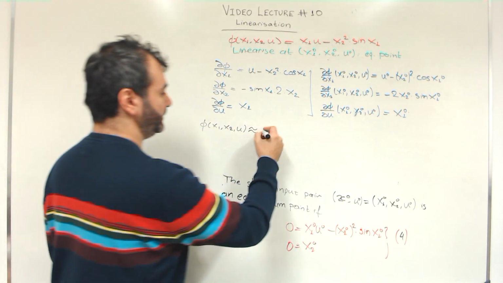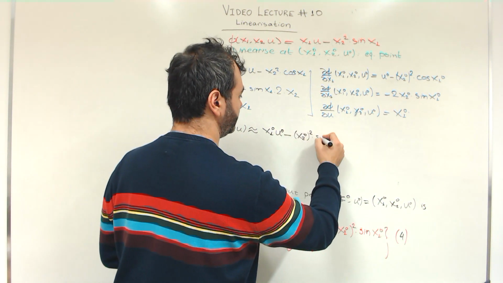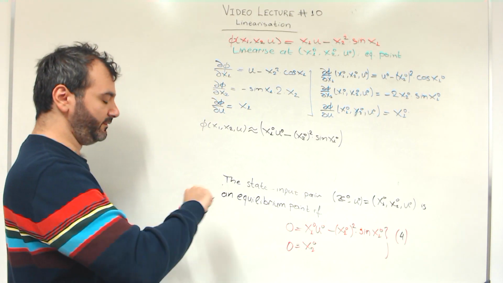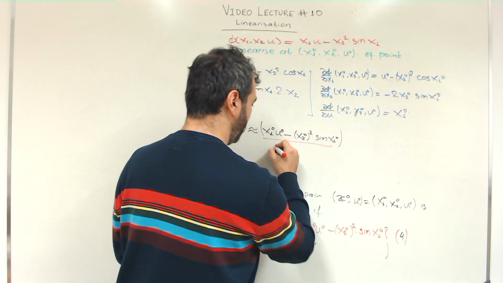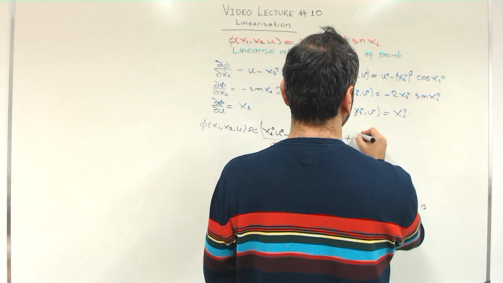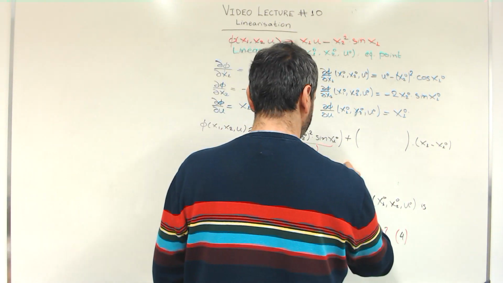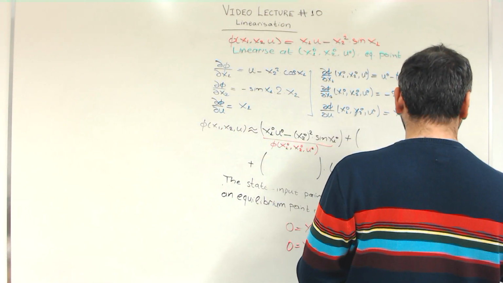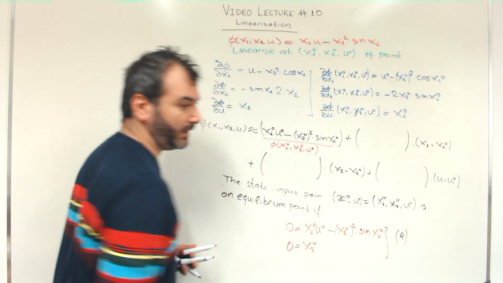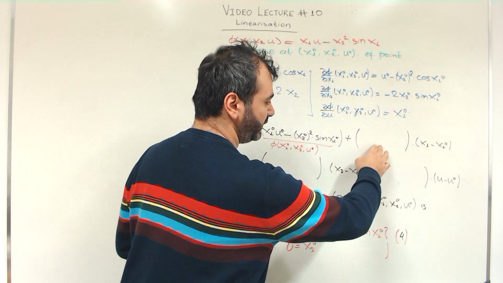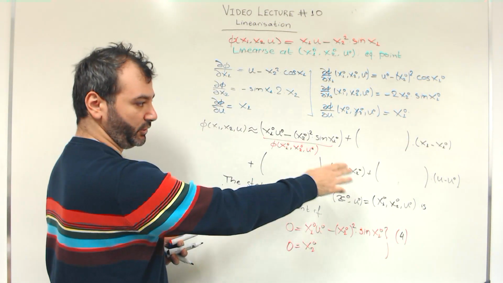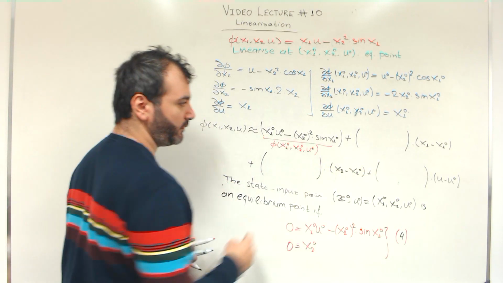It is this term, which is the value of phi at the equilibrium point, and now these three multipliers here are the derivatives with respect to x1 at x10, x20, u0, with respect to x2 and with respect to u.